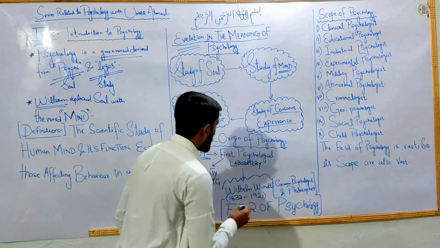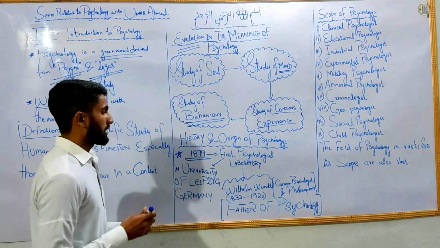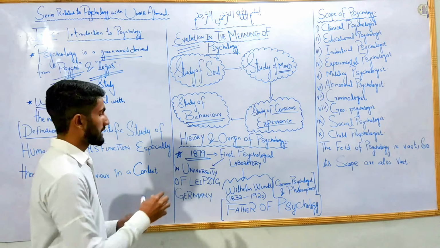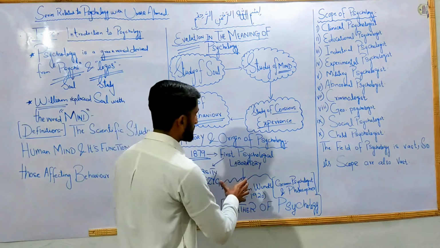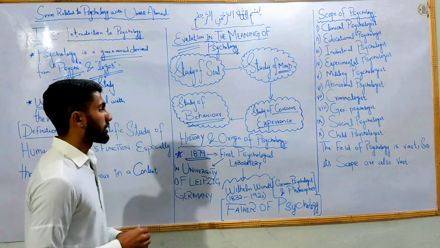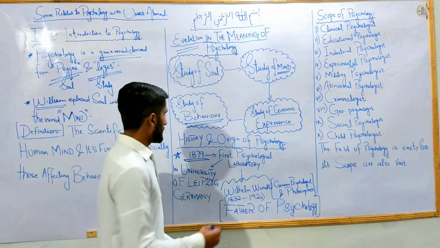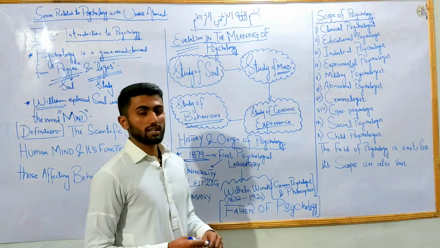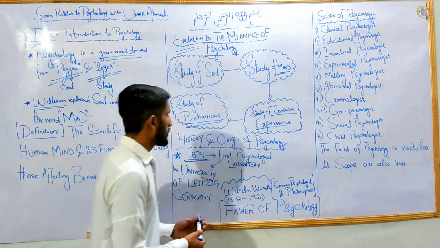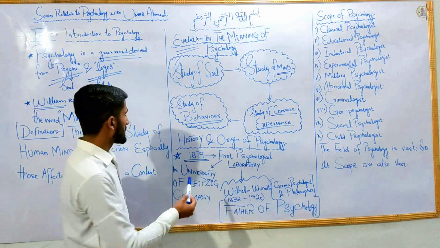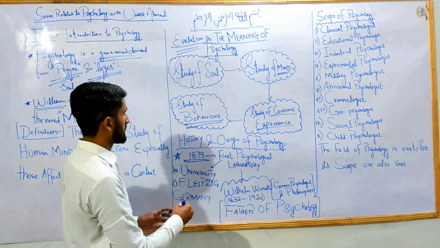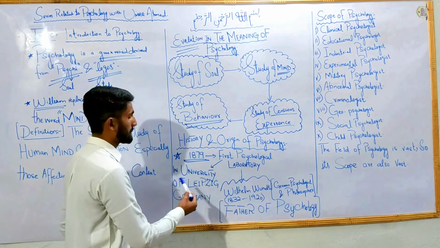William Wundt, 1832 to 1920, is the duration of his life. He developed this psychological laboratory. He was a German psychologist and philosopher who built the first laboratory related to psychology in 1879 at the University of Leipzig, Germany.